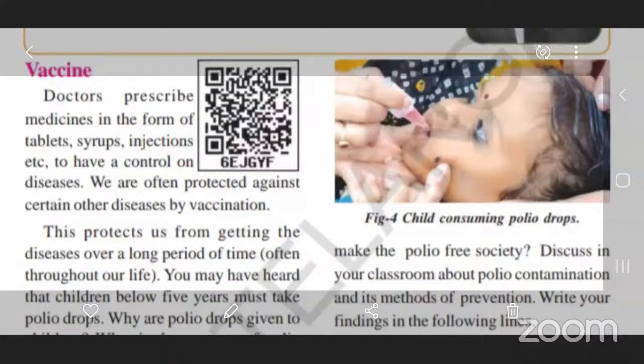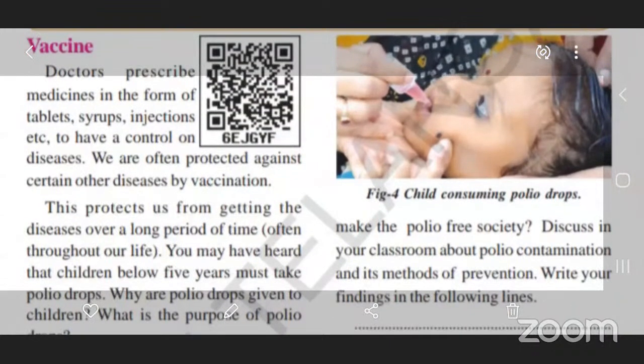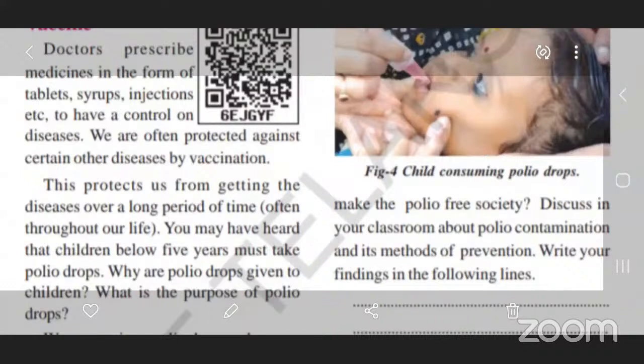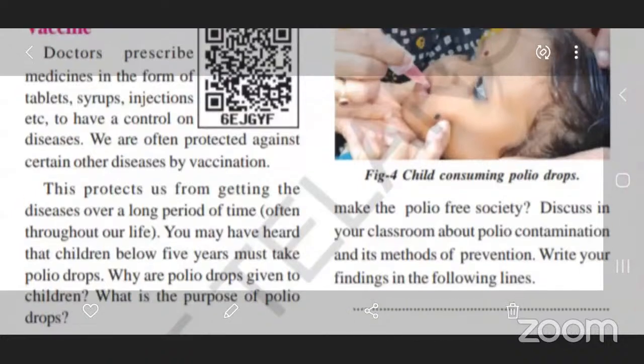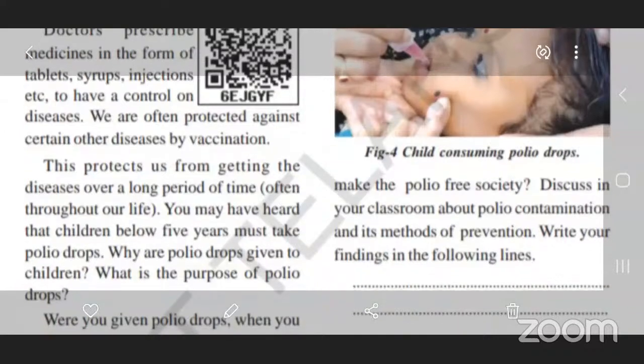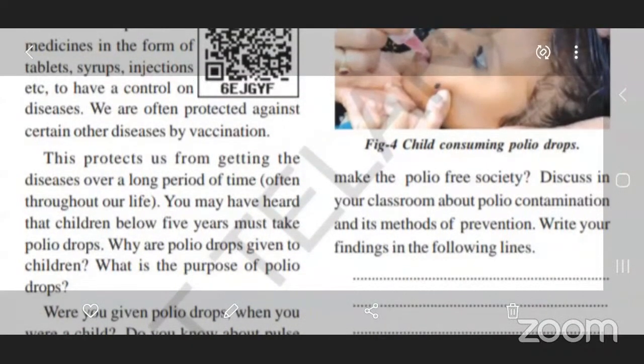What is a vaccine? It is an antigenic preparation used to stimulate the production of antibodies and provide immunity power against diseases.